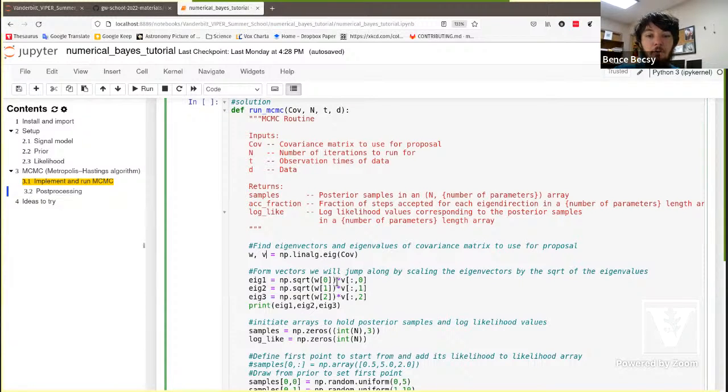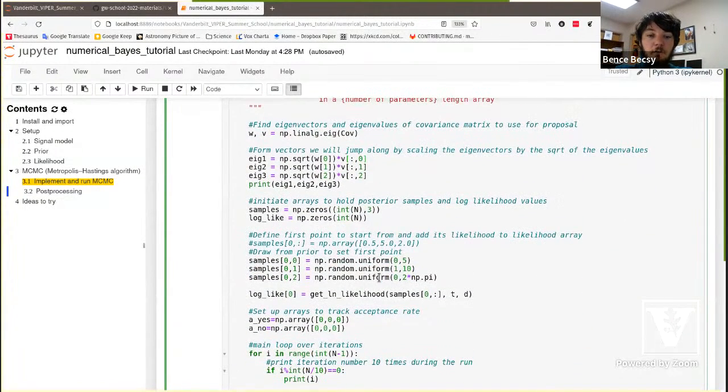And then we need to multiply that by the square root of the eigenvalues. That's basically corresponding to 1 sigma, because this is a covariance matrix. So everything here is in terms of covariances and variances. So when you take the square root of that, that's basically a sigma. So these will be just 1 sigma jumps along the eigendirections of the covariance matrix.